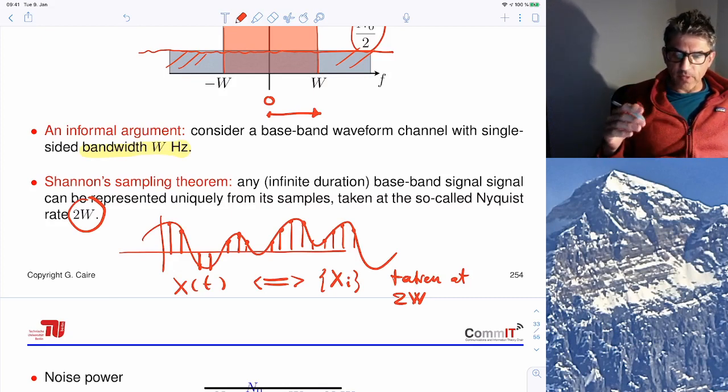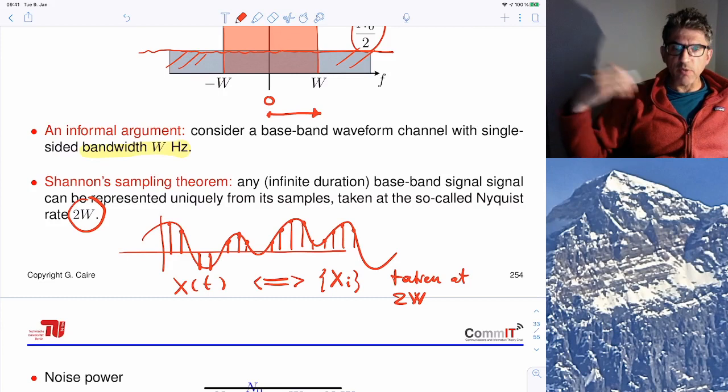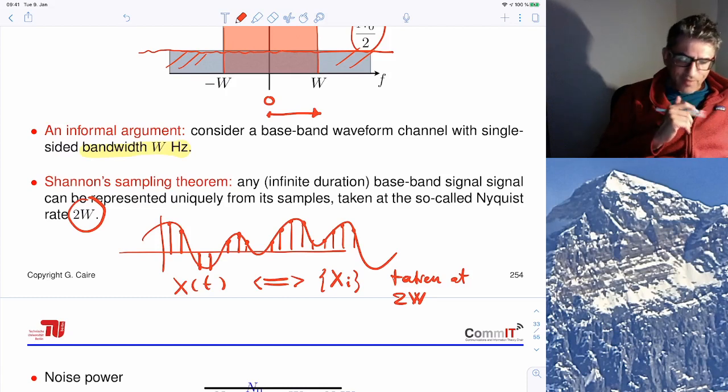If we take samples at a higher frequency, it means that we are over-representing. Those samples become redundant, okay? And so clearly we are overusing the channel.